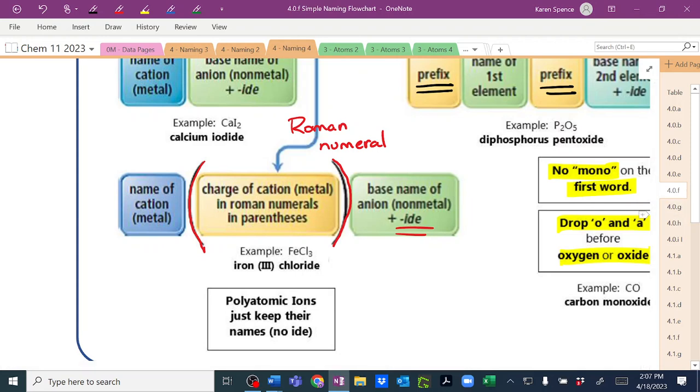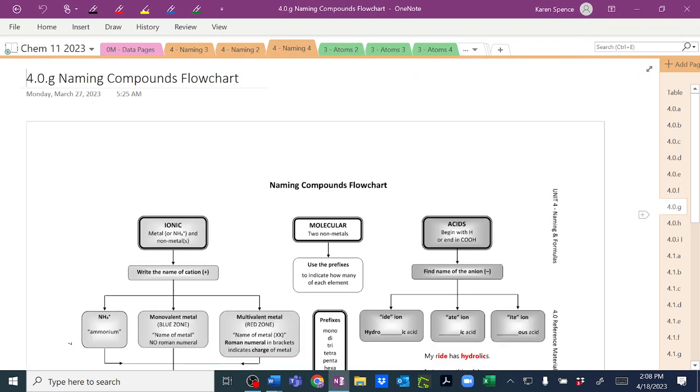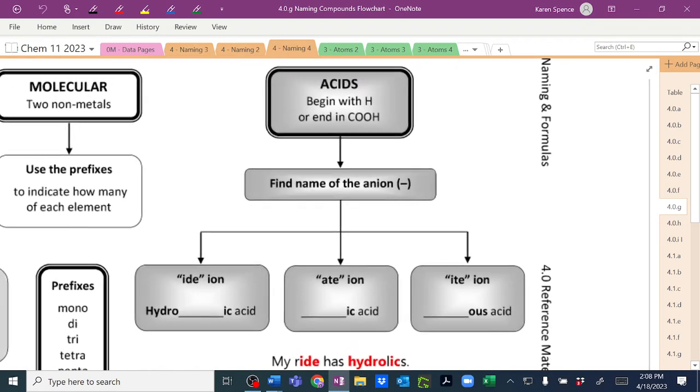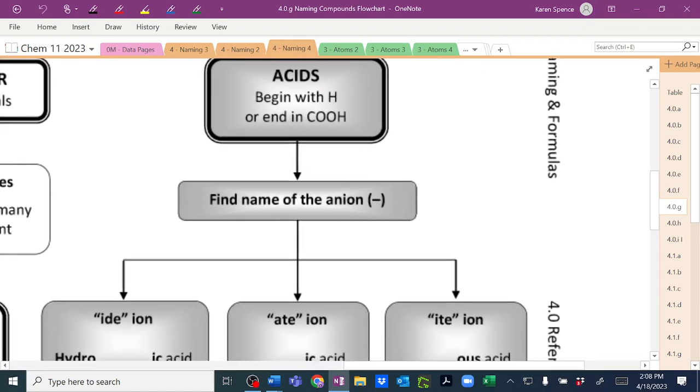If you're getting into the acids, this doesn't cover acids. This is the one I gave to my grade 9s because it's nice and short. But if you do get into the acids, the next page 7, you can see I can recognize an acid because it begins with H or ends in COOH.